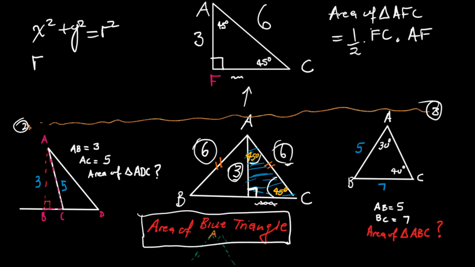Then your x squared is FC squared, plus your y squared, which is 3 squared, is equal to your 6 squared. So this is 36 minus 9. So 36 minus 9 is 27, and then we just have to root 27. So FC is the square root of 27, which is 3 root 3.